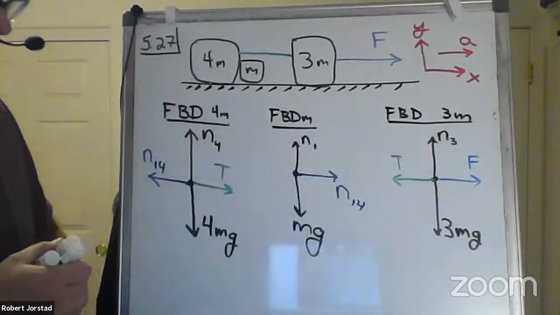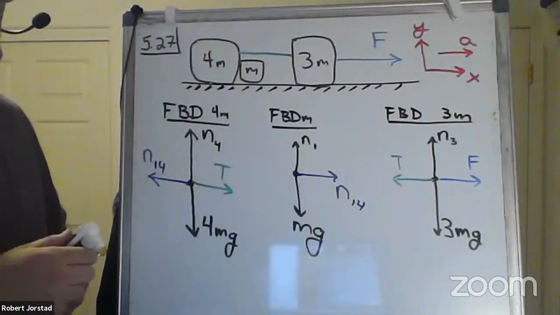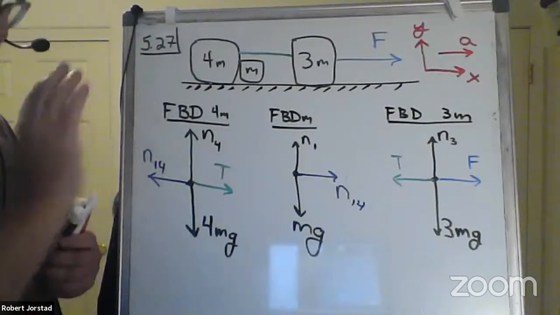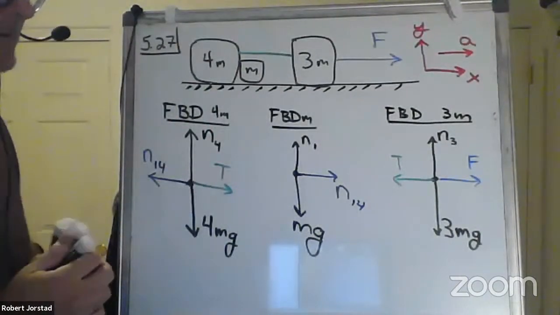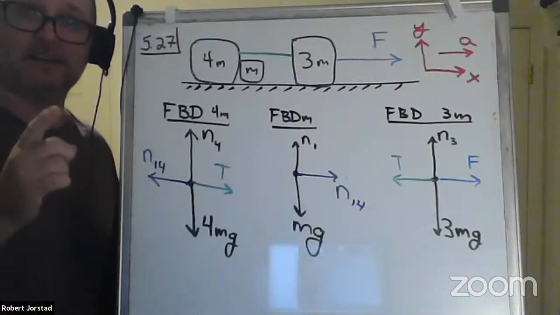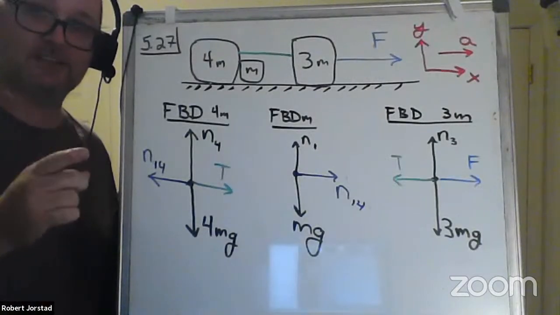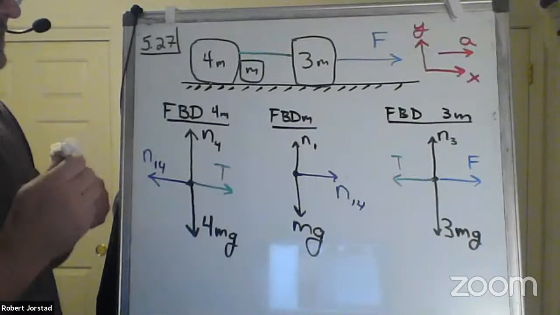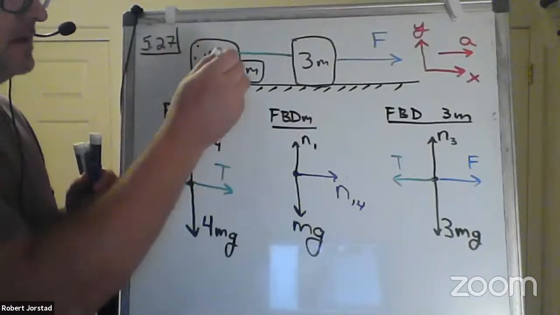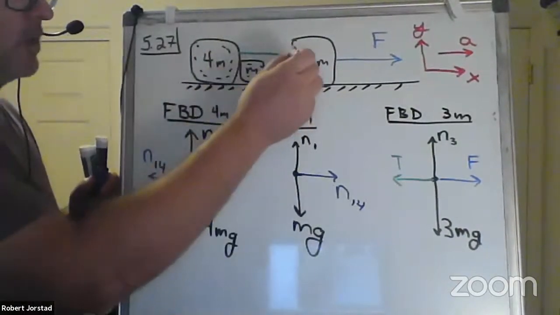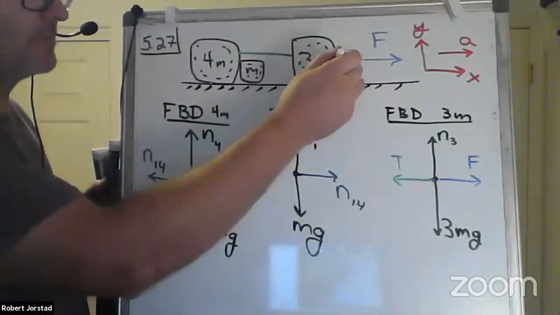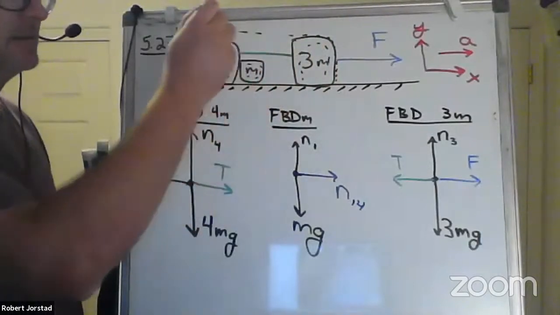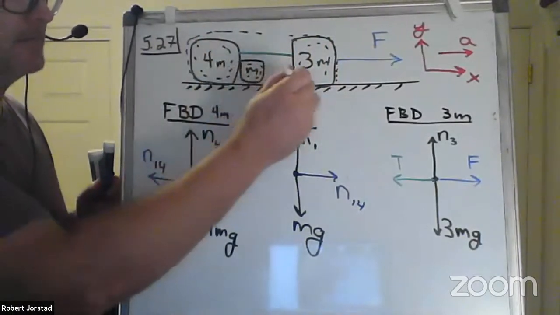So that's the idea. If it's a frictionless scenario and you apply a net force in one direction, it's going to go that way. Now, here's where we could see this even easier. Let us draw the system FBD. So imagine everything is in one blob here. So we kind of put it all together as one blob.